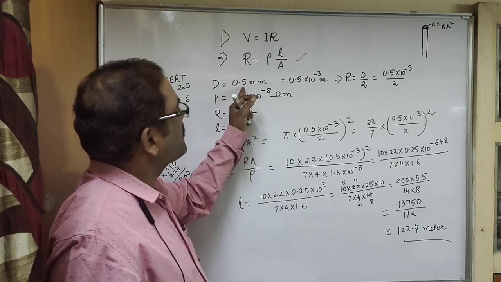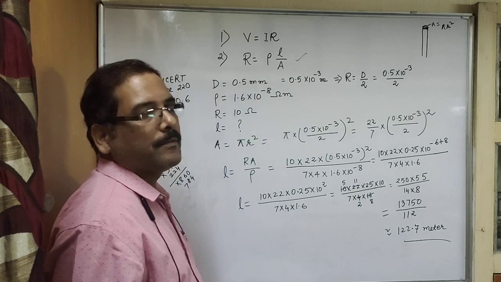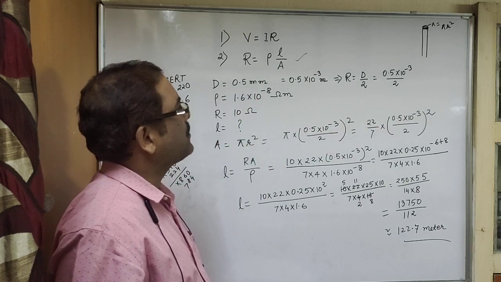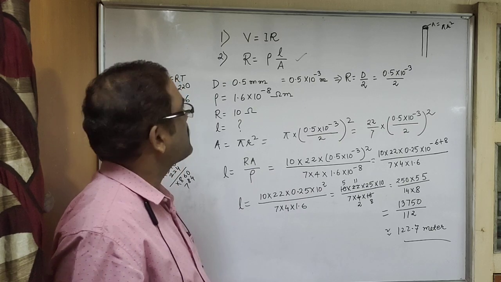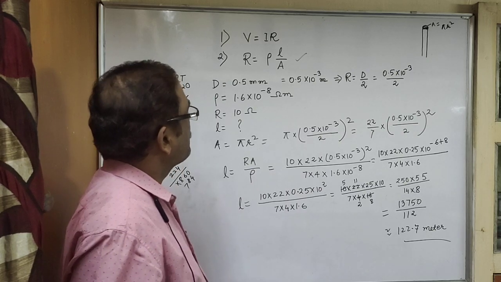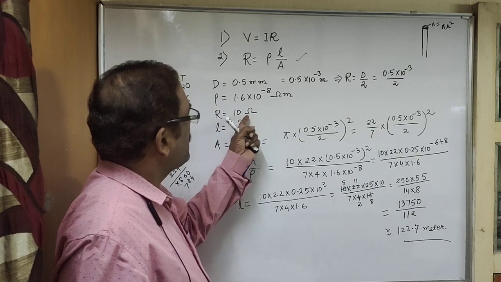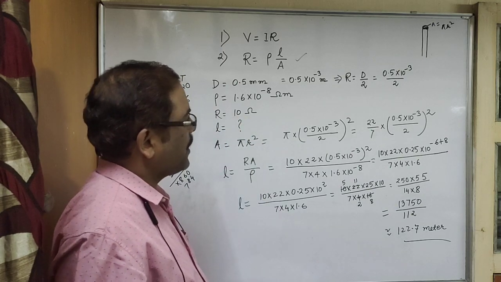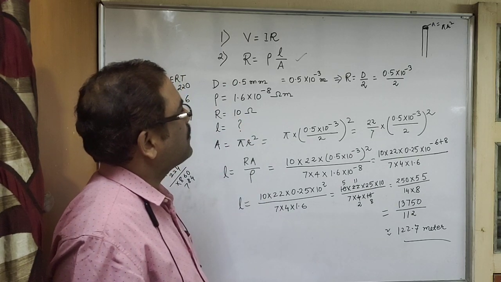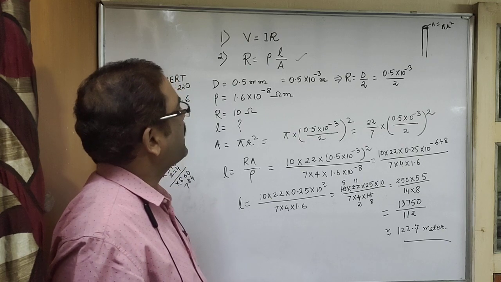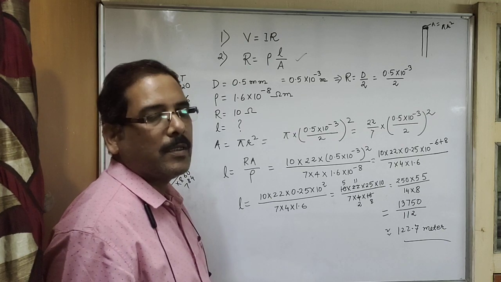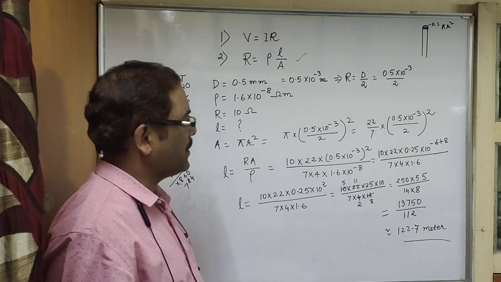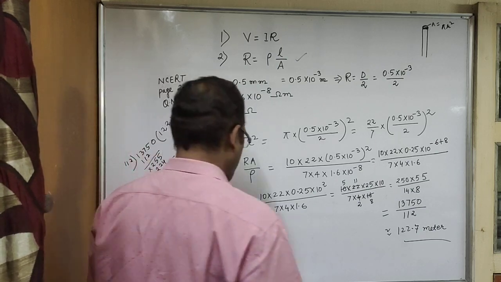Now suppose diameter is 1 mm, so take diameter equal to 1 mm and then find out the resistance. So now it is 10 ohm. So again you have to do the calculations by taking R is equal to 0.5 into 10 to the power minus 3 meter.